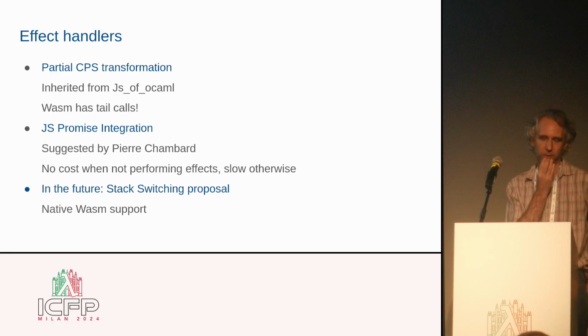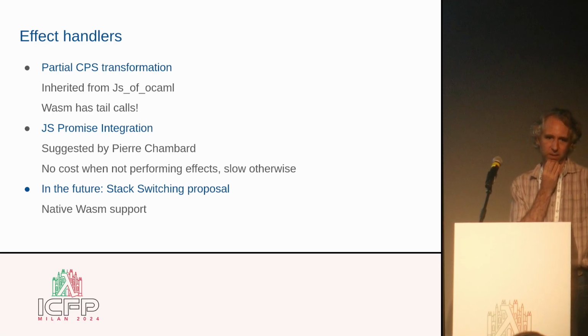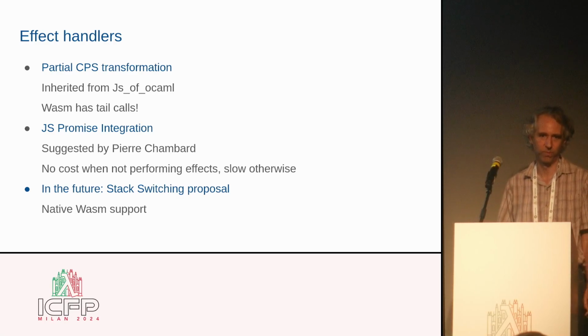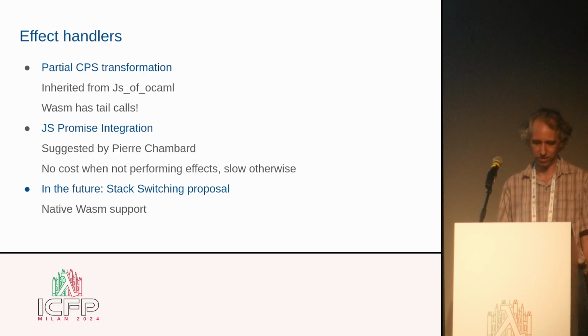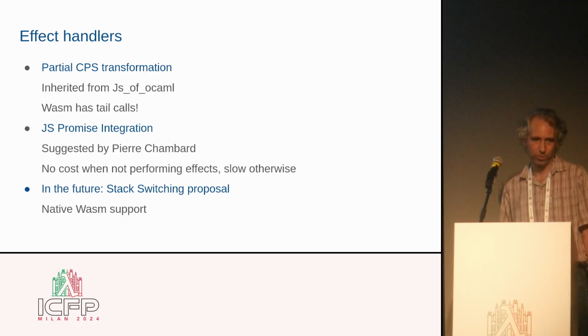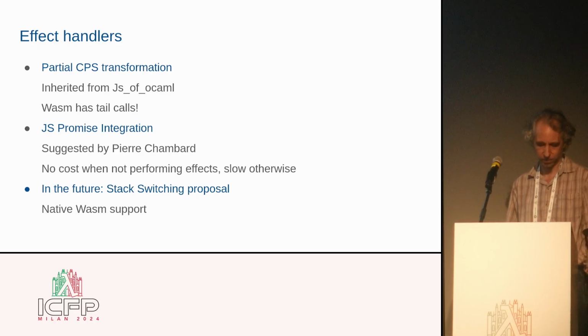And from JavaScript, you can resume another thread of execution of WASM, so you can switch between several threads, and that allows you to implement effect handlers. And in the future, we plan to use a stack switching proposal, which provides native WASM support for effects.